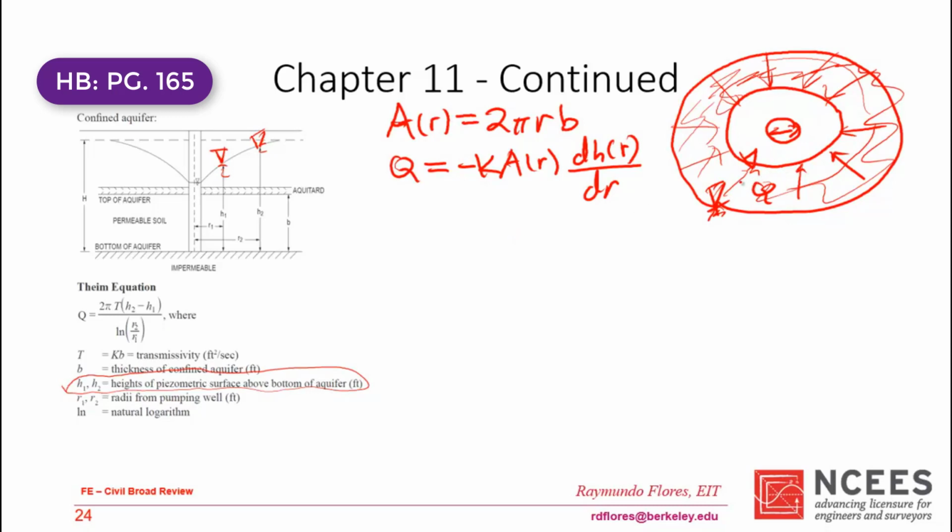But in the case where we're using the Theorem equation simply to get the total, now this is because this is general, but if we're going to get the total discharge into the well, then you would have to modify the equation so that R1 is R well.